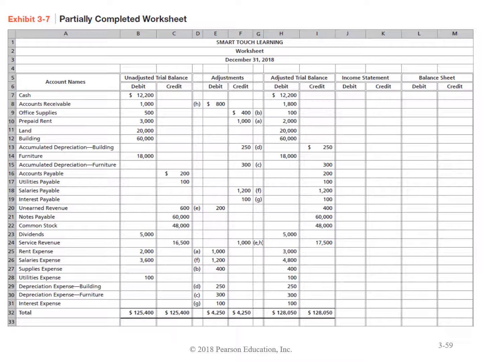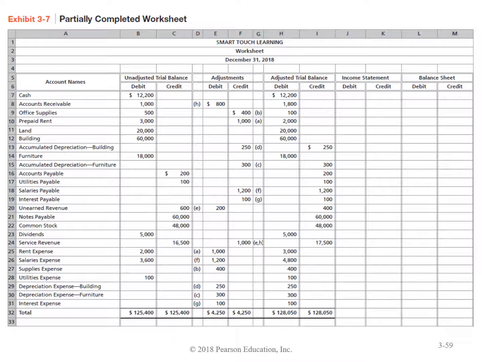So the purpose of the worksheet is to see what exactly that did to the balances. So let's just look at accounts receivable. It had 1,000 and then the adjusting entry made it go up to 1,800. So now my new balance in accounts receivable is $1,800.